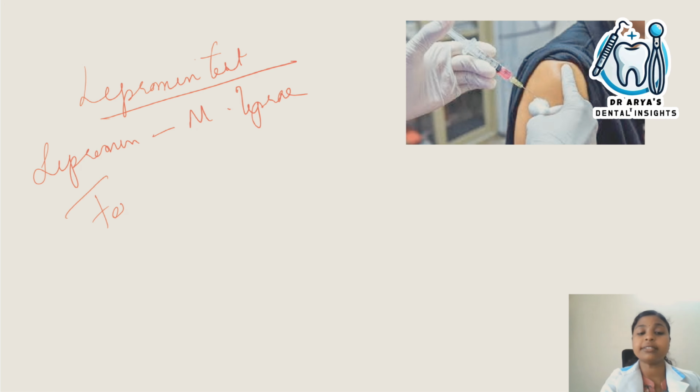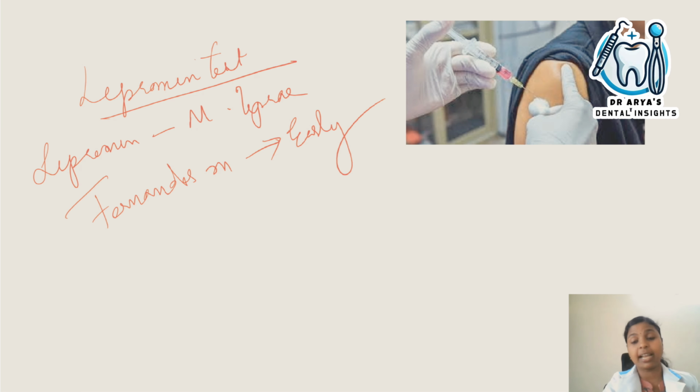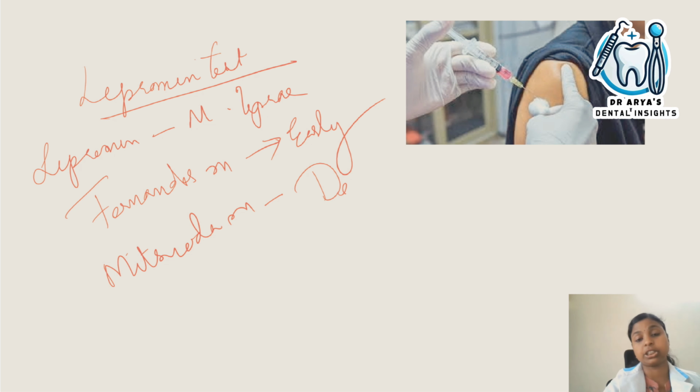So first one is the Fernandez reaction. What is it? Actually, the Fernandez reaction is early positive reaction in 24 to 48 hours. So early reaction is Fernandez reaction. And the Mitsuda reaction, what is Mitsuda reaction? Mitsuda reaction is the delayed reaction.